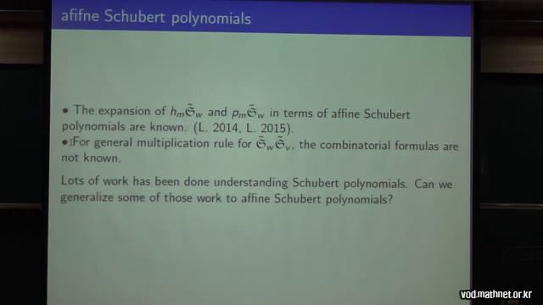A lot of algebraic combinatorialists studied them. So if you have a favorite theorem about Schubert polynomials, you can try to generalize it to the affine version. I don't know a lot about that for this question.